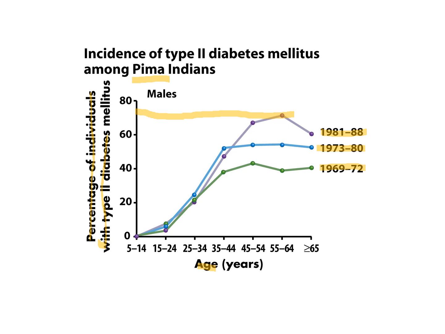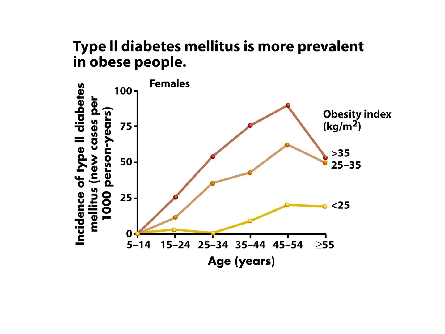It's serious. Here is association with obesity, and this data is for females, looking at increasing obesity and age, and again, very high levels, extremely high levels, quite a serious disease process.